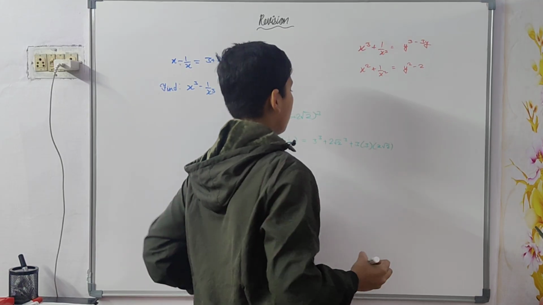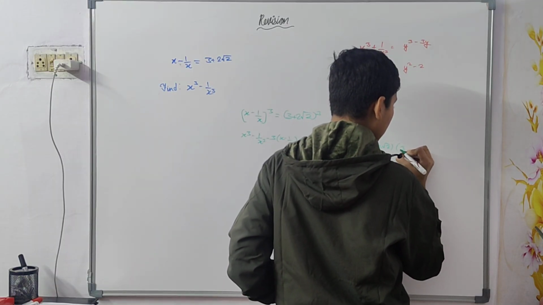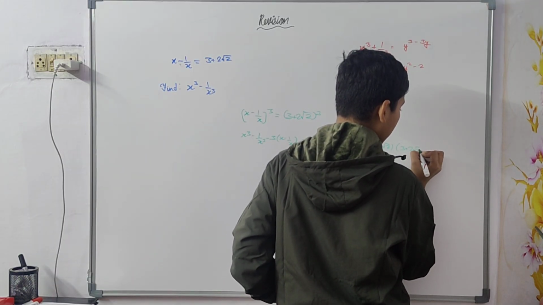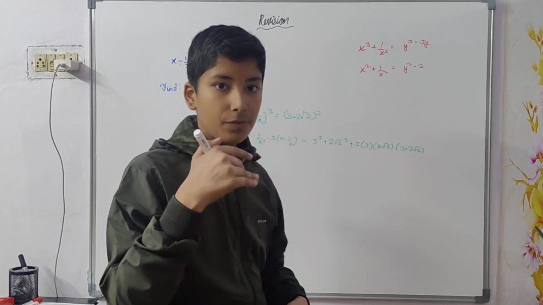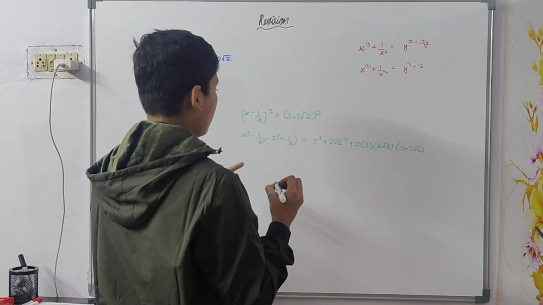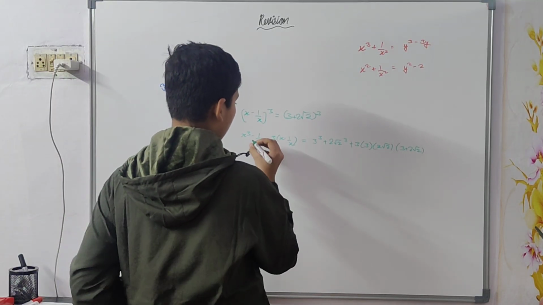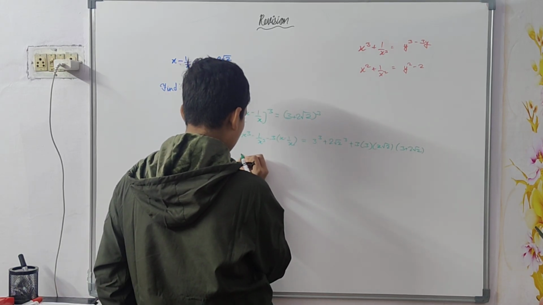Here it will be plus because it is the plus, into 3 plus 2 root 2. Now you have to solve it by formula. x cube minus 1 by x cube minus 3 times x minus 1 by x. What is the value of x minus 1 by x? 3 plus 2 root 2.